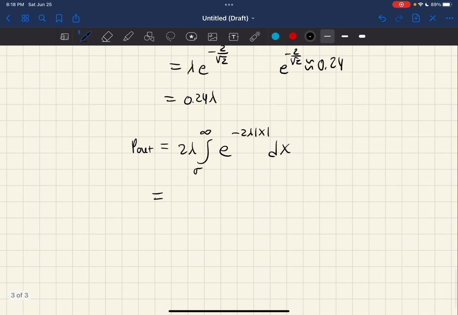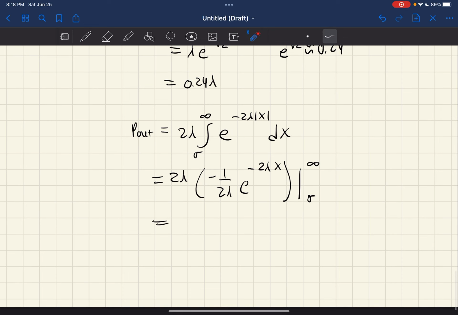So this is a rather simple integral. You just get 2 lambda over minus 2 lambda, e to the minus 2 lambda x, evaluated from the standard deviation to infinity, and the 2 lambdas cancel, and you're just left with negative 1 times e to the minus 2 lambda x. As x tends towards infinity, that is just 0, minus e to the minus 2 lambda times the standard deviation.